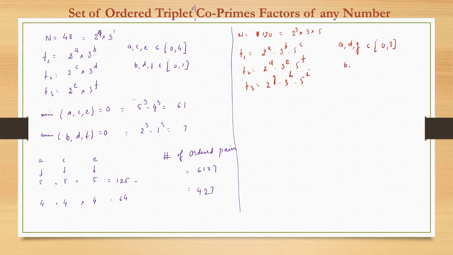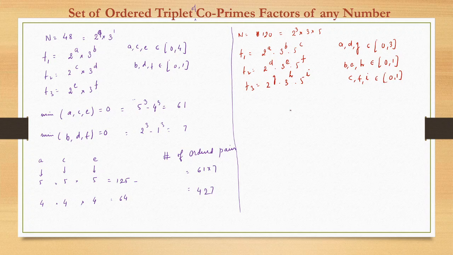And b, e and h can take values 0 and 1, and c, f and i can take values 0 and 1. Okay, so this is the way.